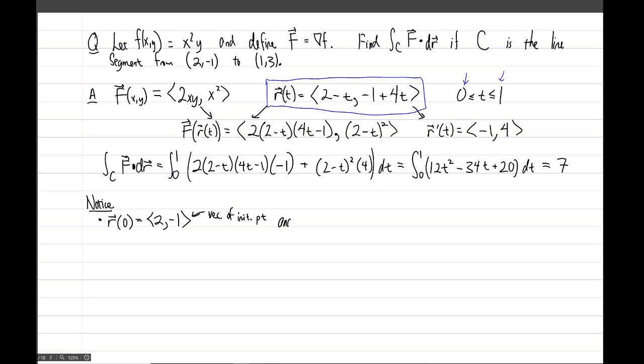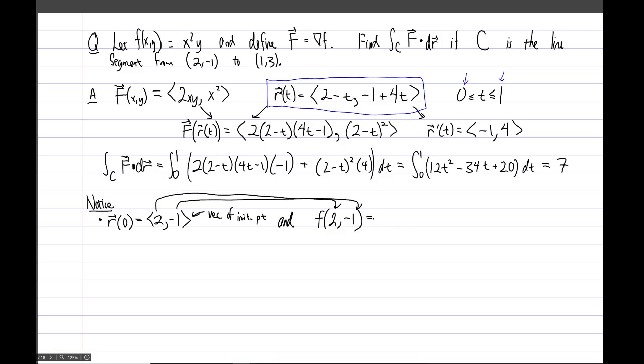And if you take the function f, the original one up here, it didn't really play much of a role. We just took the gradient of it to get our vector field. If you look at the original function f and you plug in 2 comma negative 1, so those numbers are just coming from here, let me maybe just draw the arrow one way. The 2 is coming from there, and the negative 1 is coming from there.